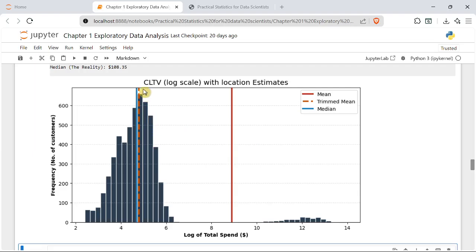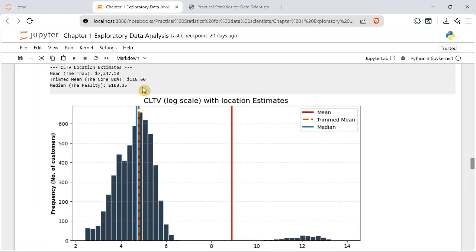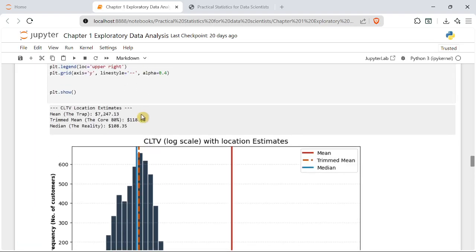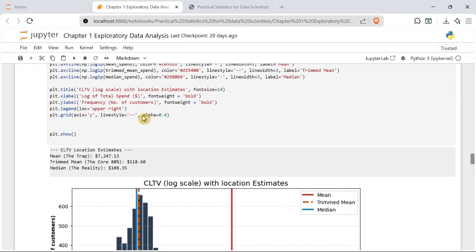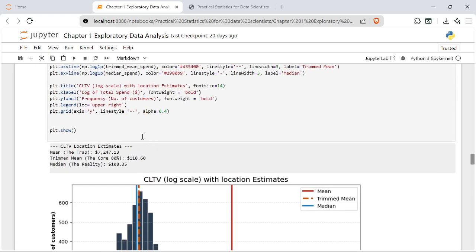We must always rely on trimmed mean or median to get the actual cost which the customers on average are spending. So by this exercise we can give the correct customer acquisition cost to our marketing team.